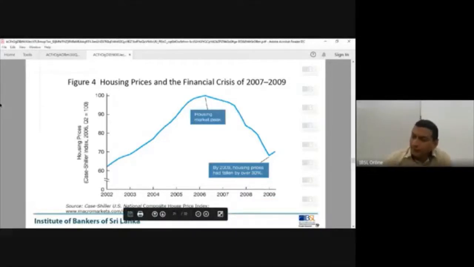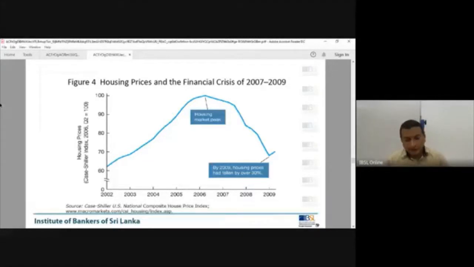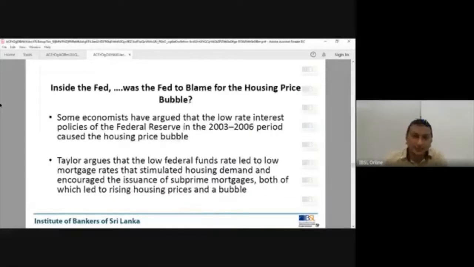But effectively, markets were really panicked, and the prices were really going down in the US during this period. So while this being said, there were arguments also among US policymakers inside the Federal Reserve, okay, about who is responsible for this housing price bubble.